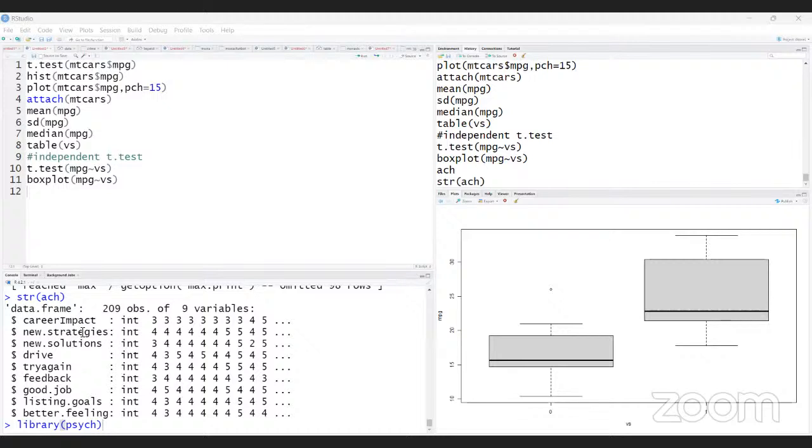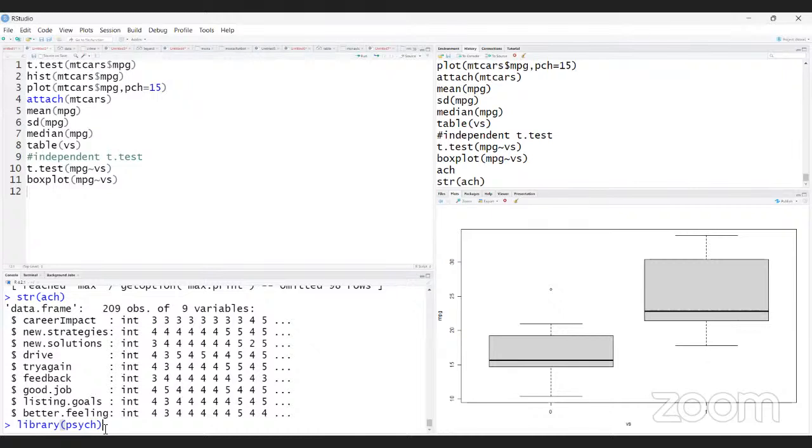And they are measuring the achievement motivation. 9 items with 209 observations. And I am using one package, that is the psych package.